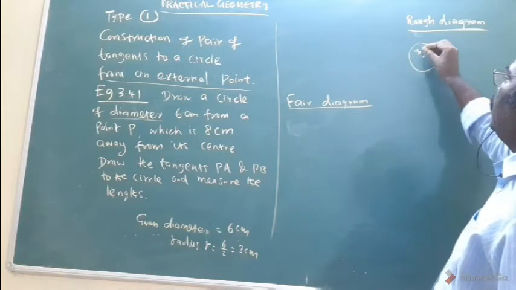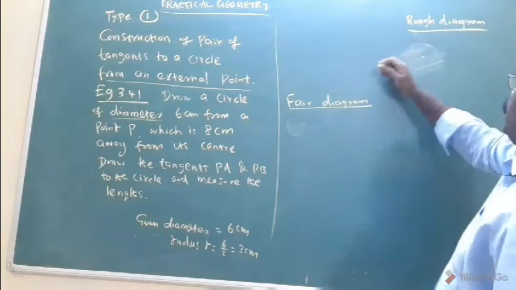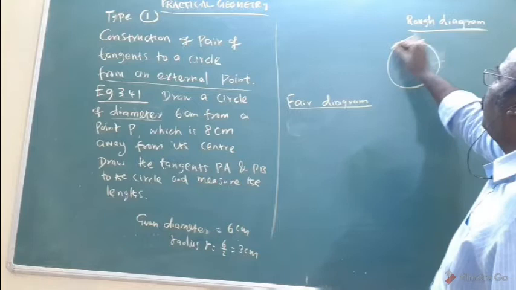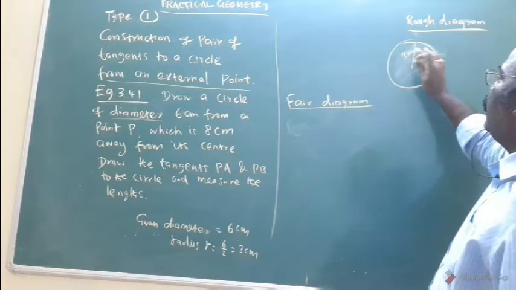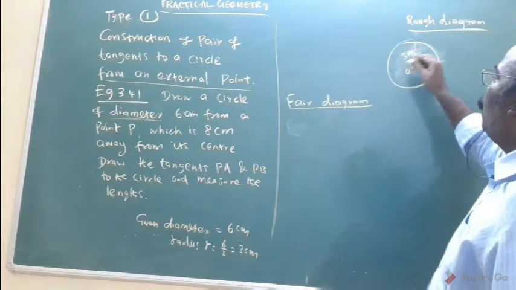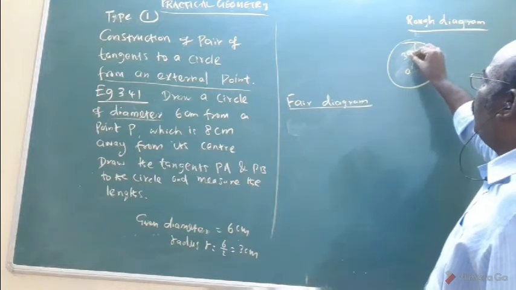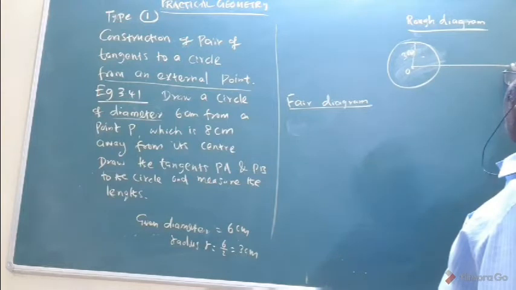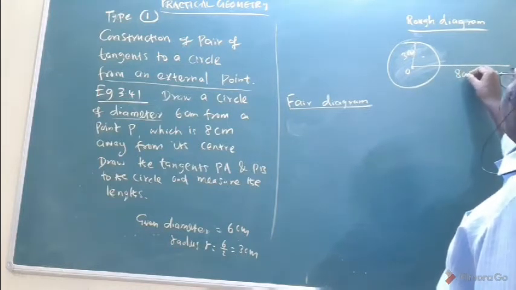Why 3 cm? Because it is a circle; the radius is 3 cm. Center is O. Now, from the center, 8 cm away is the point P. This is 8 cm.